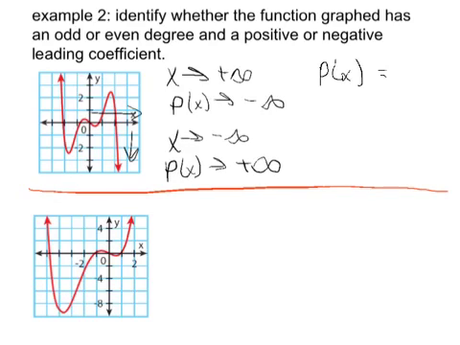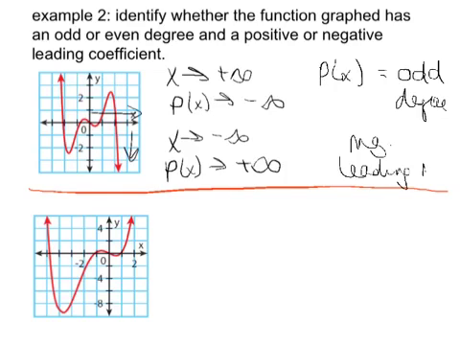P of x is an odd degree with a negative leading coefficient. Okay, next one. As x goes positive, your function is going positive.